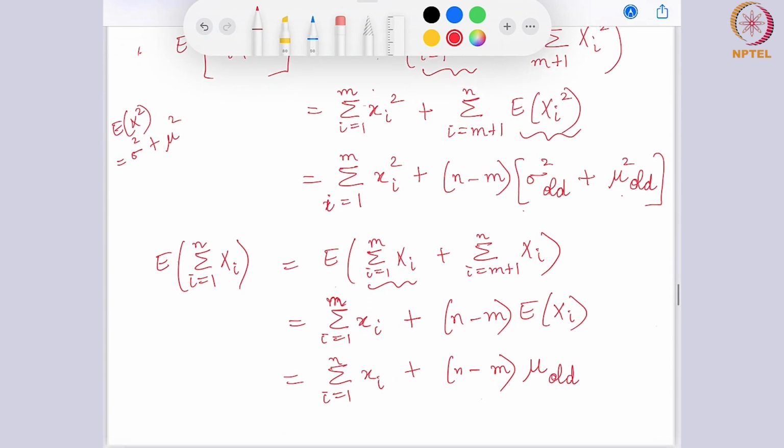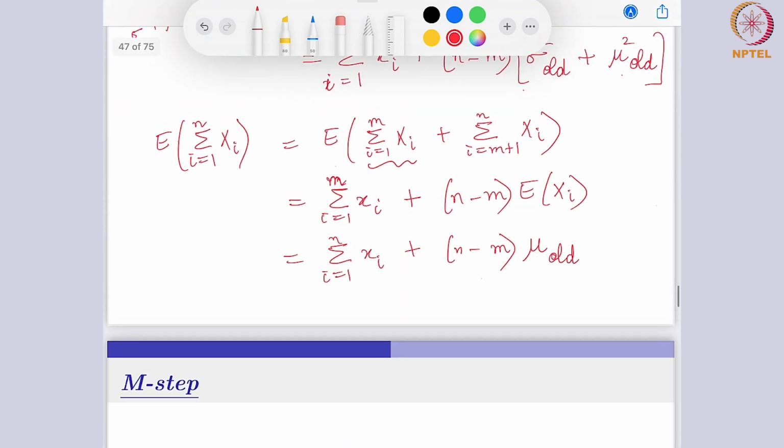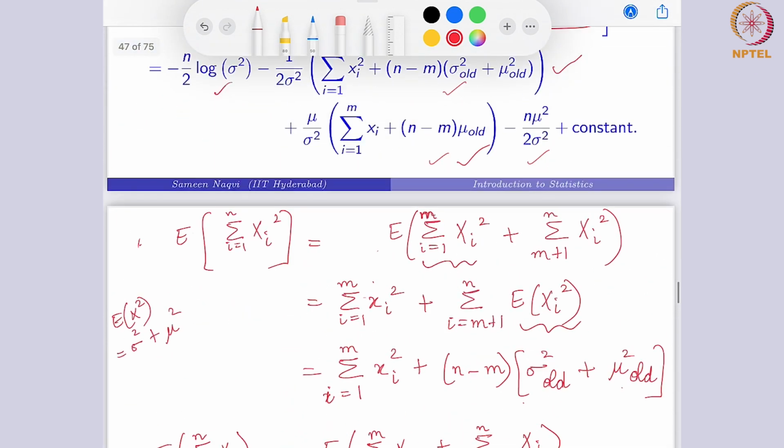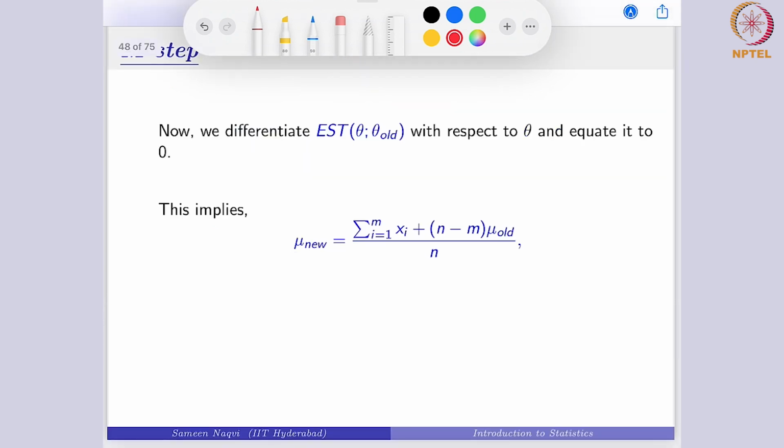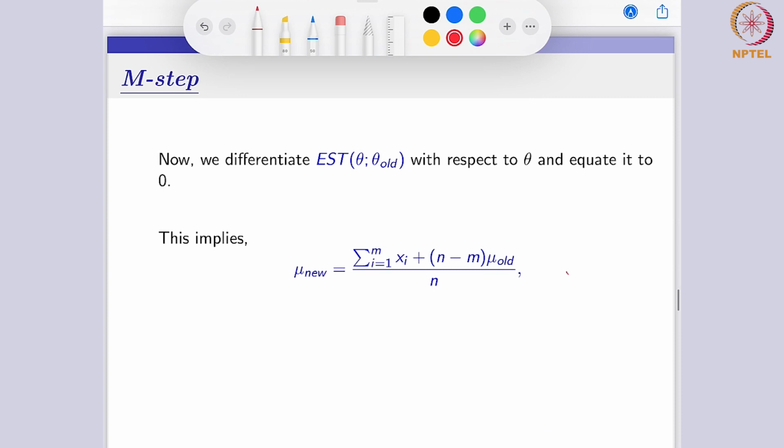Okay. Now in the M step, what we have to do is differentiate this E step with respect to both the parameters that we have. That is, we have to differentiate with respect to mu as well as sigma square also. In order to do that, let us see how we get this mu new.